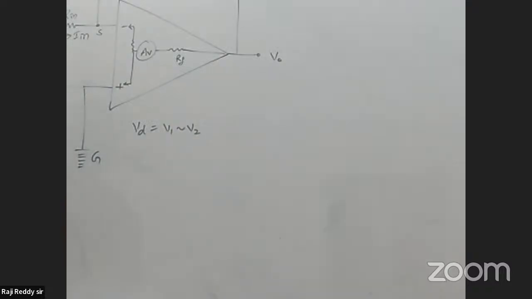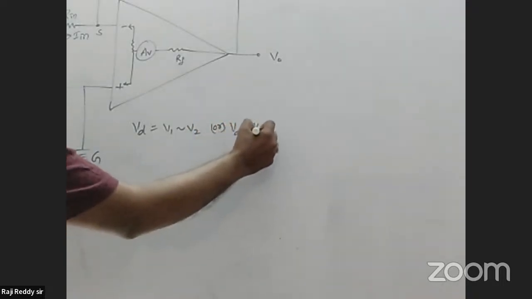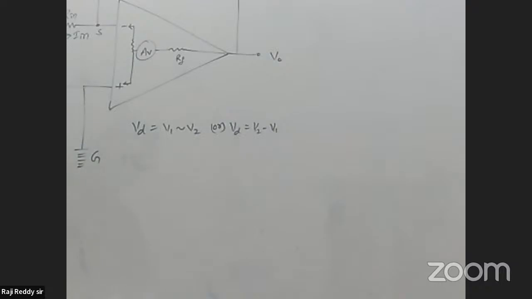If V2 is higher, then VD is equal to V2 minus V1.